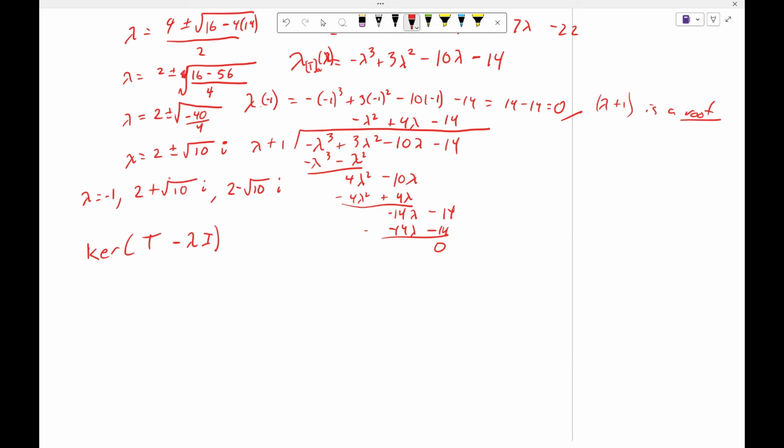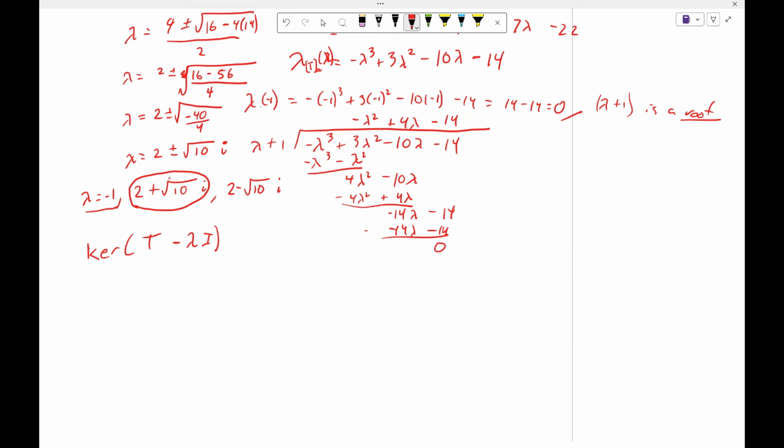And for lambda equaling minus 1, that's something that hopefully you'll be able to do. I'm going to do it for one of our eigenvalues. For the other eigenvalue and for lambda equaling minus 1, it's a very similar process.